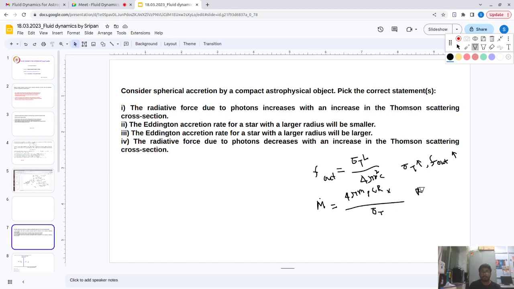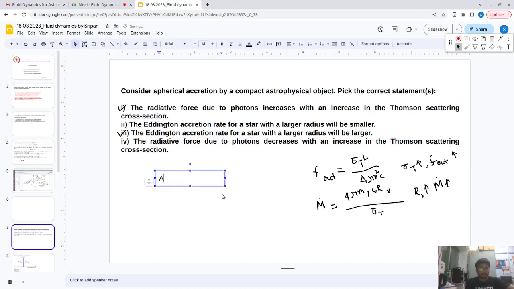So if R star is increased, then this m dot will also be increased. Okay. So the Eddington accretion rate for a star with a larger radius will be larger. This one is correct, this one is correct. Okay. So insert text box. Answer is 1, 3. Okay.